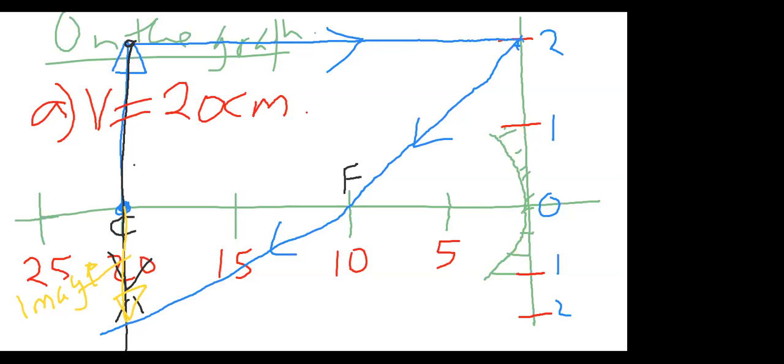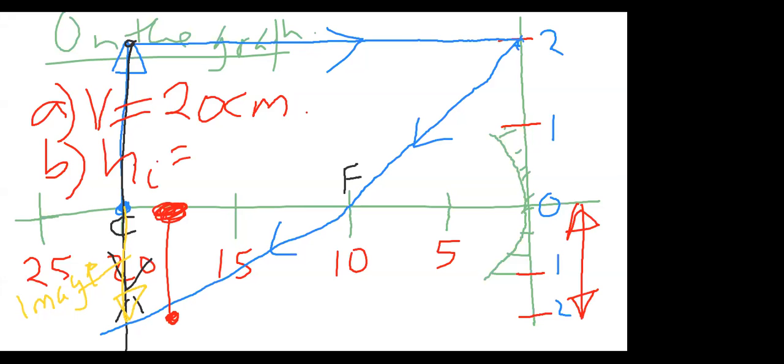Then the next part was saying to calculate the image height. The image height is this height, this distance here. That is what they want. So from here up to there. And you can even use a ruler and try to estimate from that point there, from this principal axis up to this point here, where the image is.